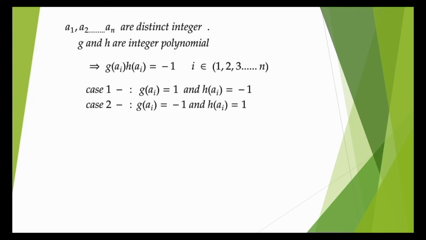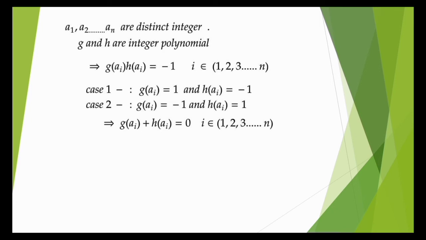Case 2 is g of ai is minus 1 and h of ai is 1. Except for these two cases nothing else is possible, because g and h are integer polynomials and the inputs a1 to an are also integers. This implies that g of ai plus h of ai equals 0, where i is from 1 to n.